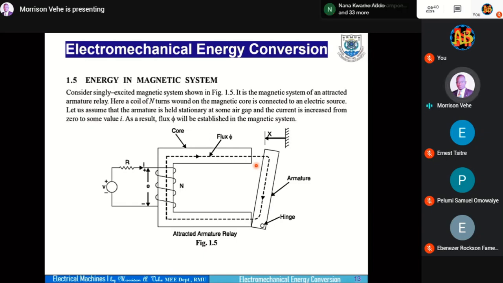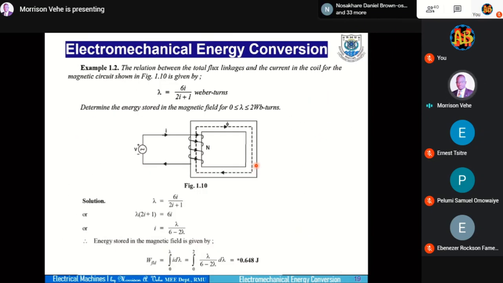So we can also talk about energy. So basically, this is the thing that we are looking at. If we are looking at one or two examples, it's just for us to appreciate what is happening if we are putting mechanical and electrical systems together through a magnetic field.